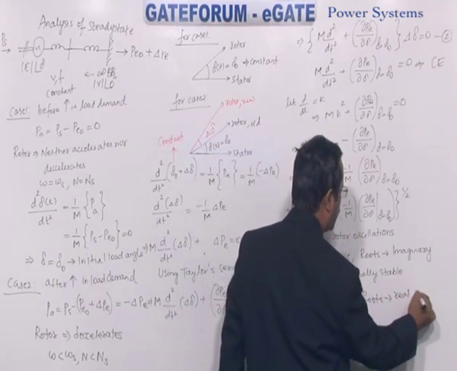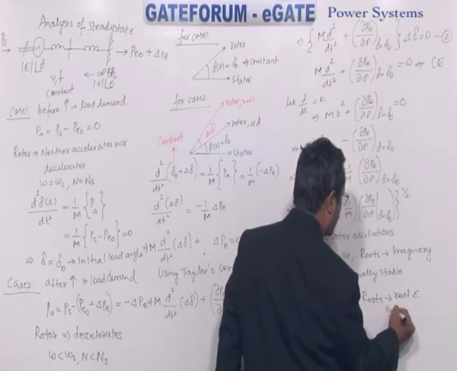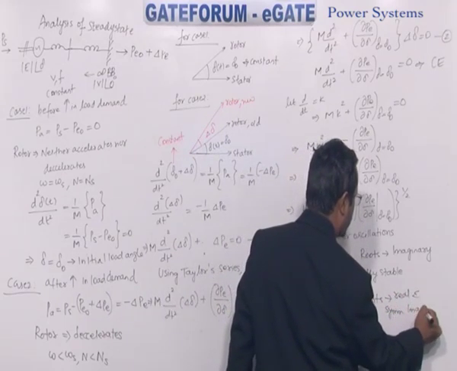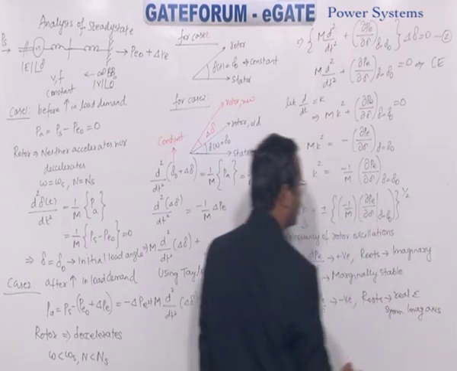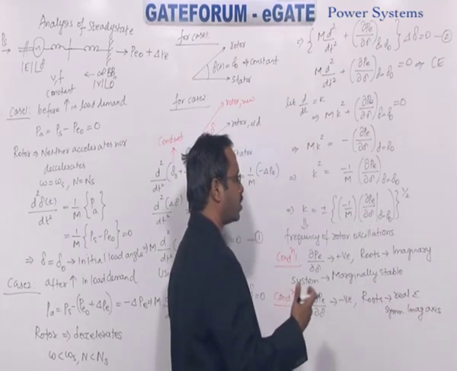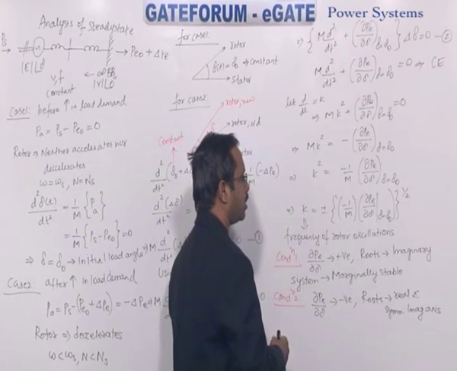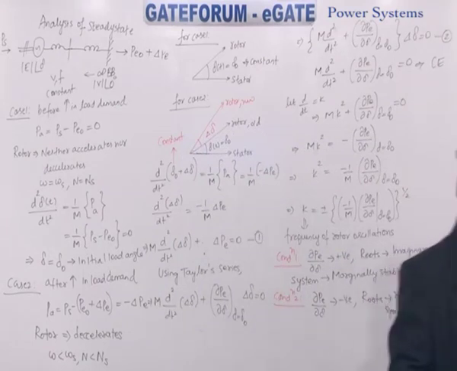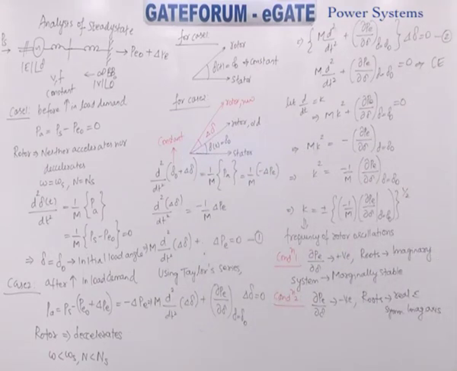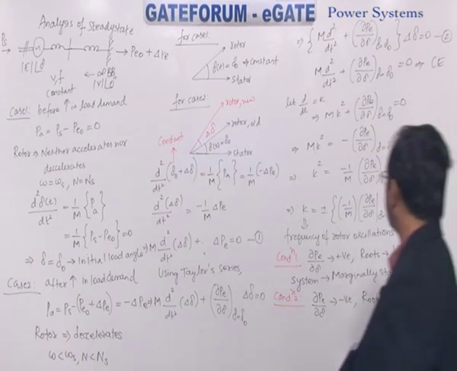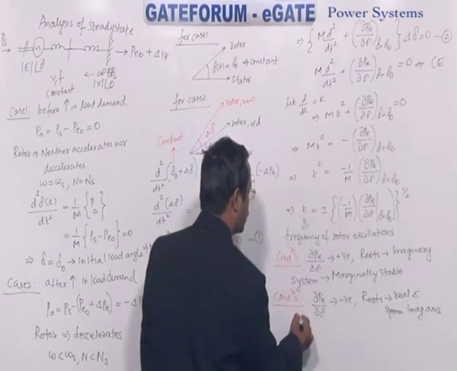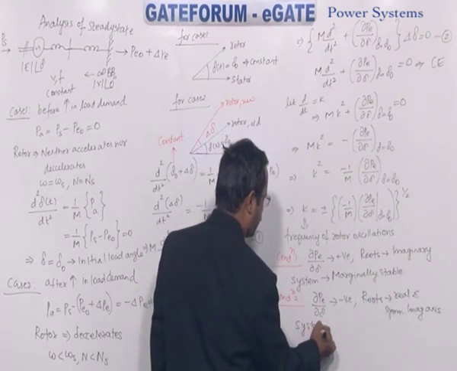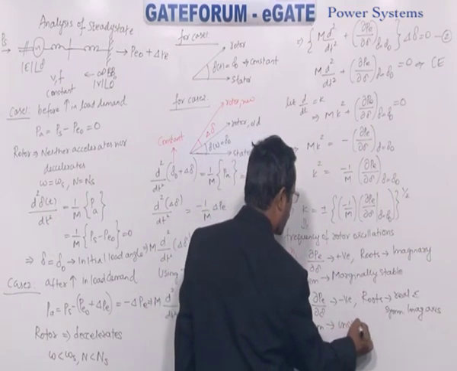They are real and symmetrical with respect to the imaginary axis. So one root to the left, one root to the right. Suppose this total is 9. What is the square root of 9? Plus or minus 3 here. So what about the system now? Unstable. The system is now unstable.